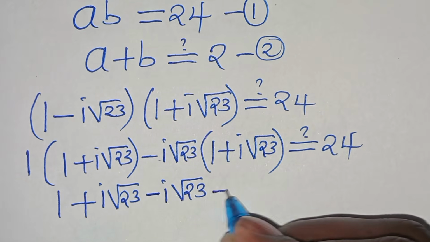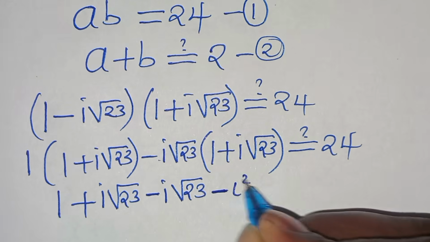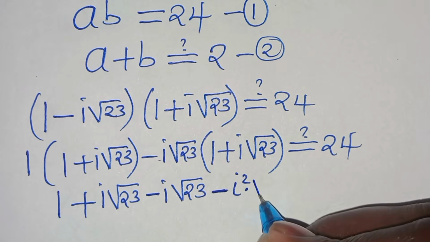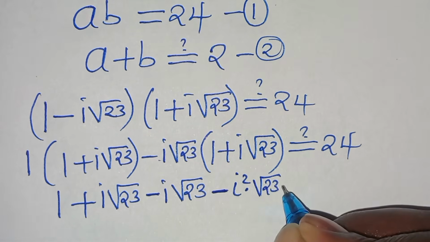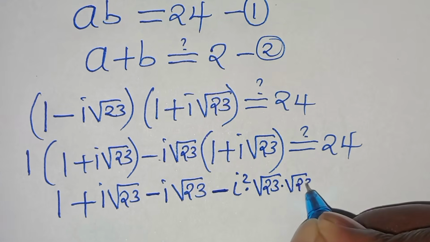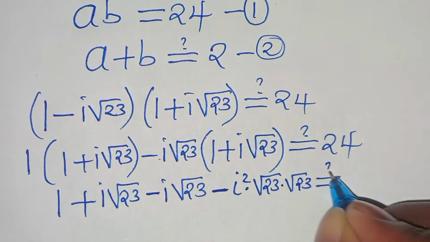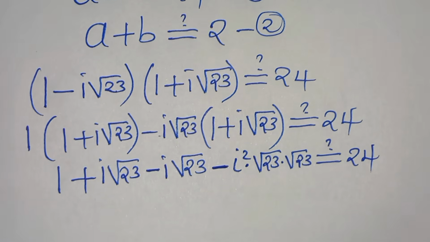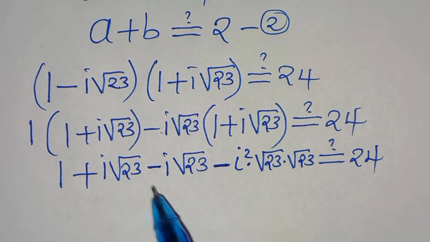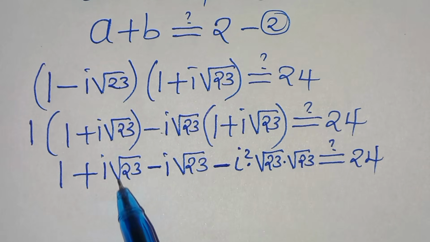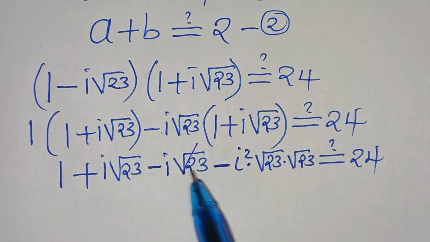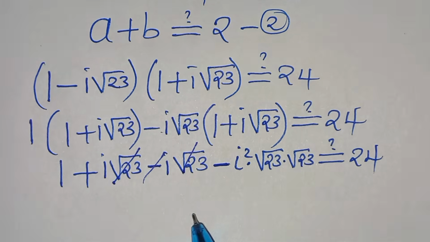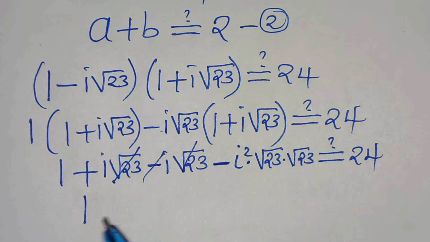This becomes minus i squared times square root of 23 times square root of 23. This is supposed to give us a value of 24. So we have that here, plus i square root of 23 minus i square root of 23.